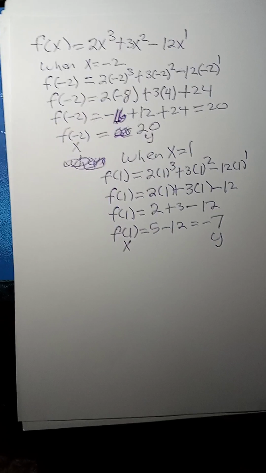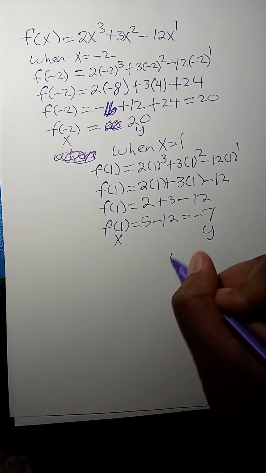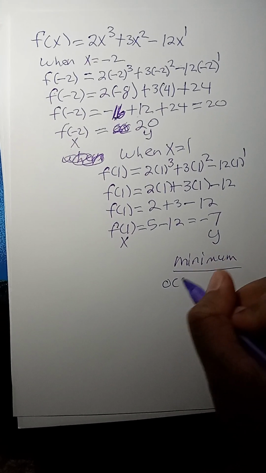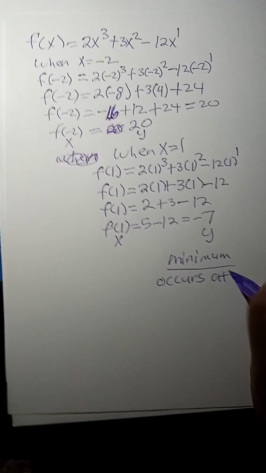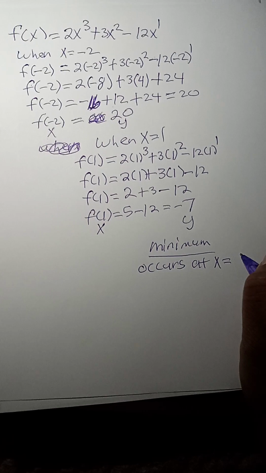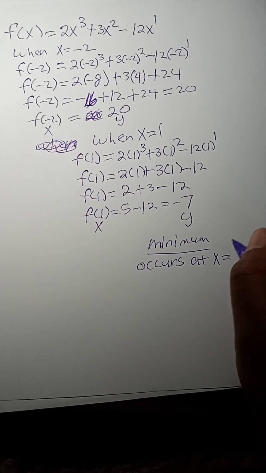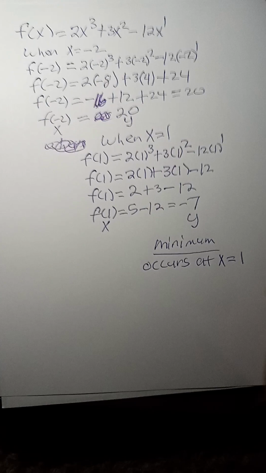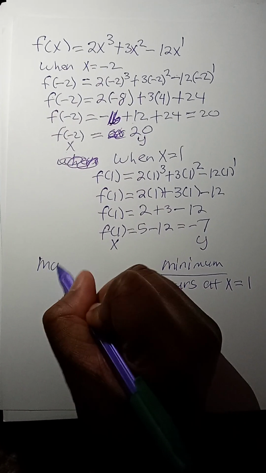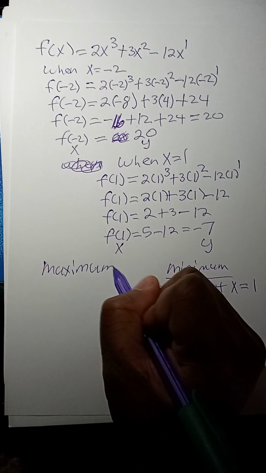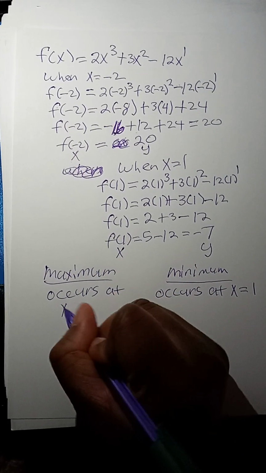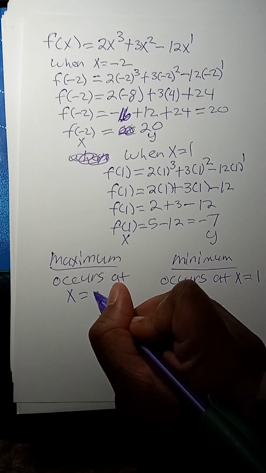So the minimum occurs at x equals 1, and then the maximum occurs at x is equal to negative 2.